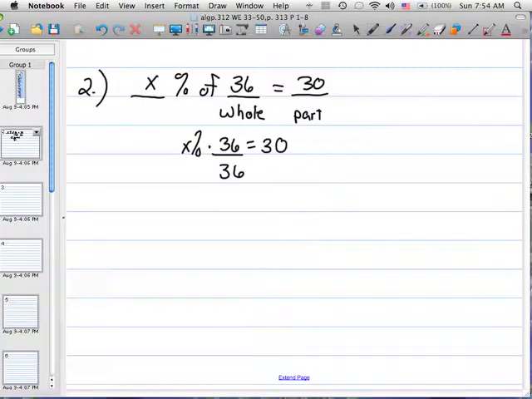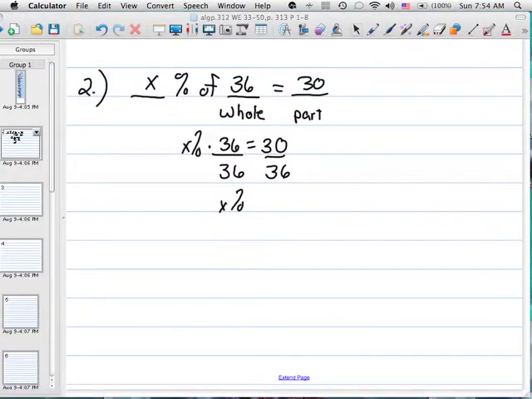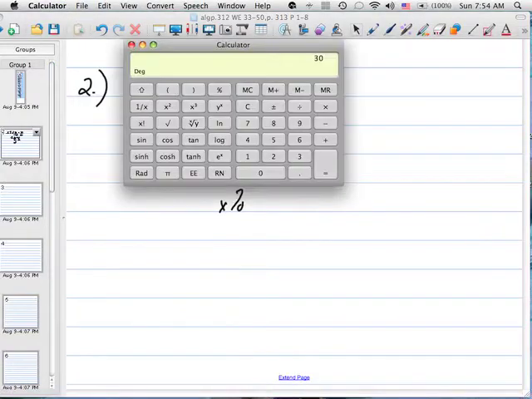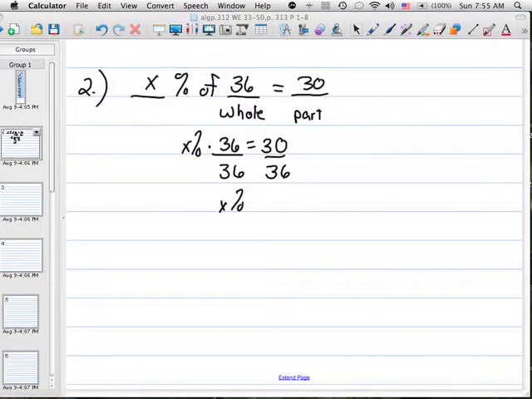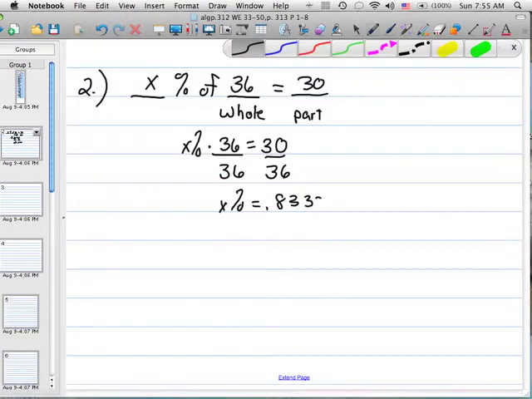Divide both sides by 36. And we get x percent equals, and if you use a calculator on this, when you take 30 and divide it by 36, you get 0.83 repeating. So it's 0.8333 on to infinity.